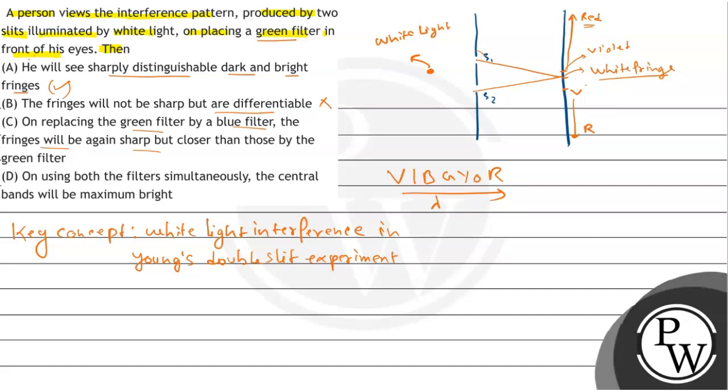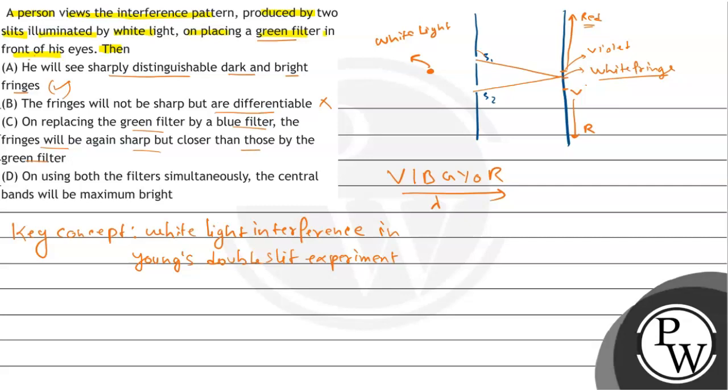will again be observed but closer than those by green filter, right? So similarly, when we use blue filter, we can see dark and bright fringes. The dark fringes where the blue light wavelength has its minima, right? And the bright fringes where the blue light wavelength has its maxima, right?